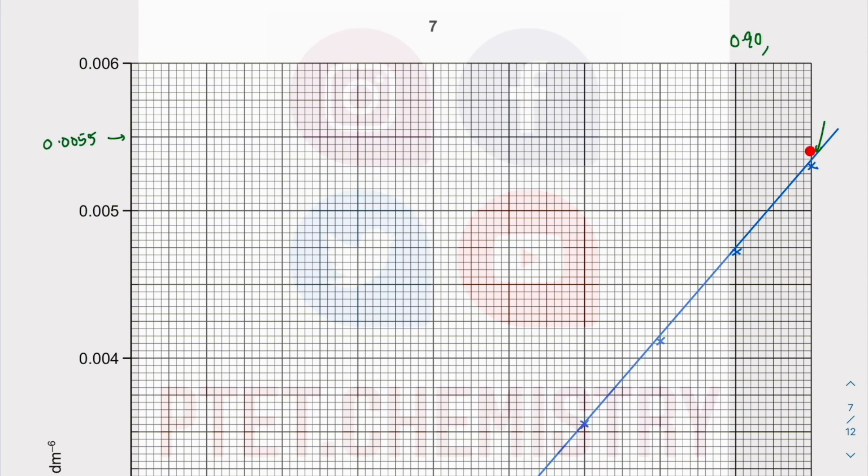So 2 of it is 0.0054. So that is 0.00535. Because there is 54, this is 53, so this is in between, where the line cuts through the 0.90. So that is the value there.